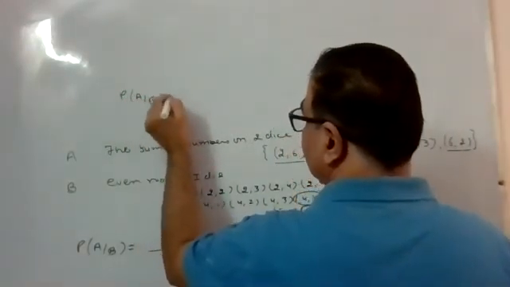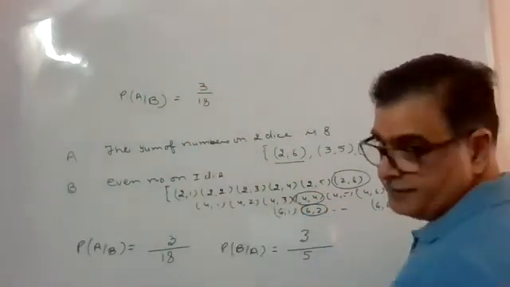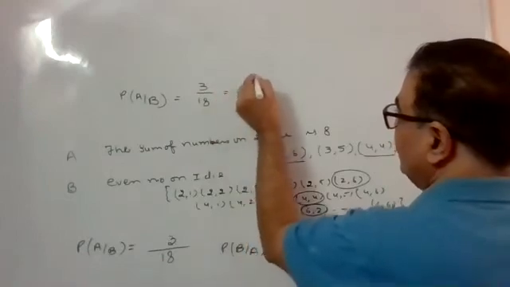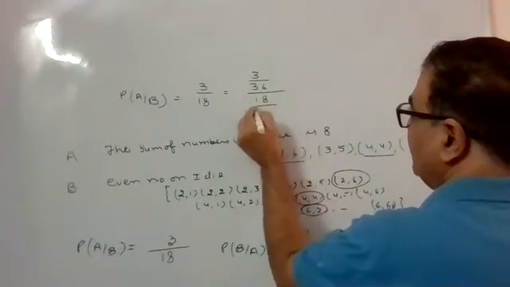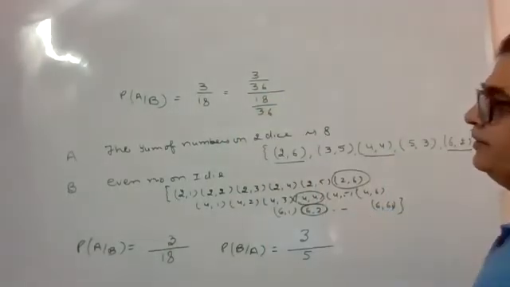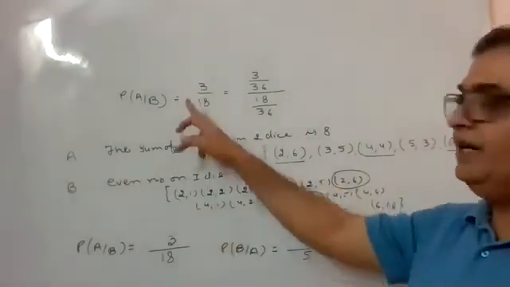P A by B, we have done this as 3 by 18 as the answer. Can you write this as 3 by 36 divided by 18 by 36? Can you write it? 3 by 18 is here.